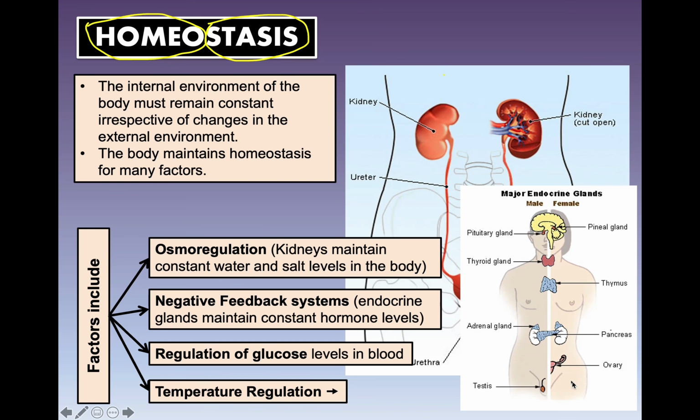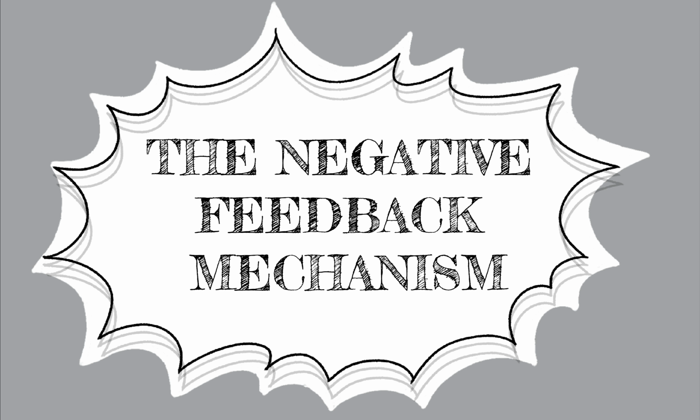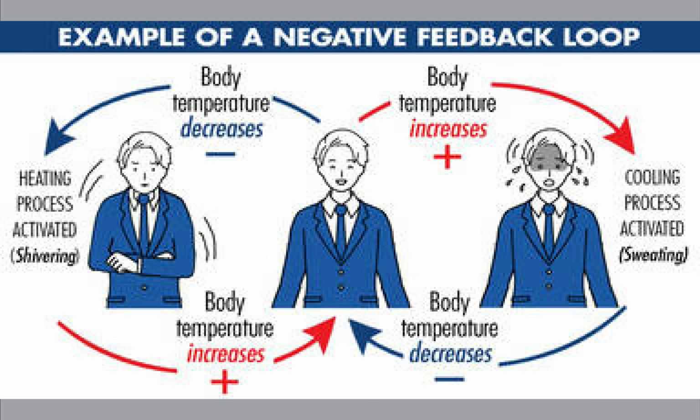Remember, in our previous lesson, we spoke about the negative feedback mechanism. So, it is the negative feedback mechanism that operates in our human body to detect any changes or any imbalances that there might be in the internal environment of our bodies. And once the negative feedback mechanism detects these changes, it is able to restore the balance once again.